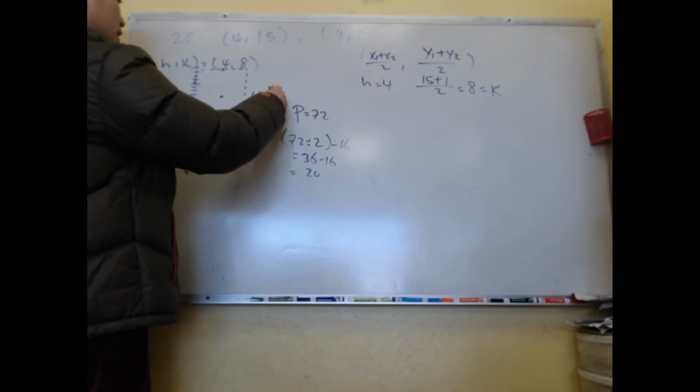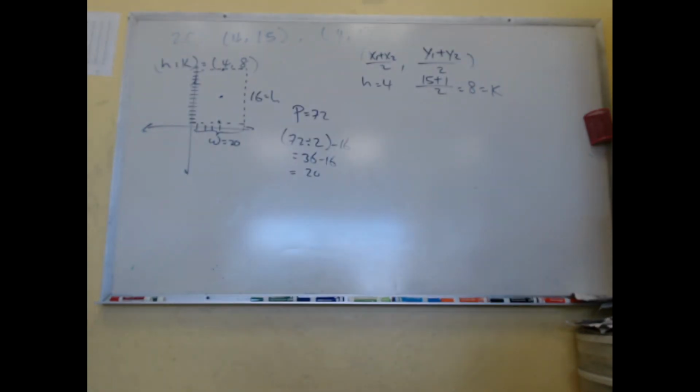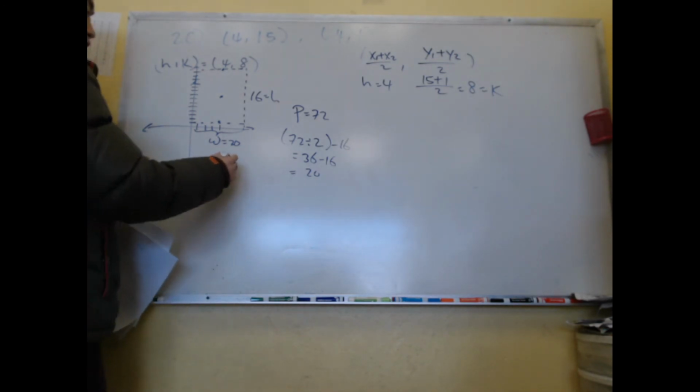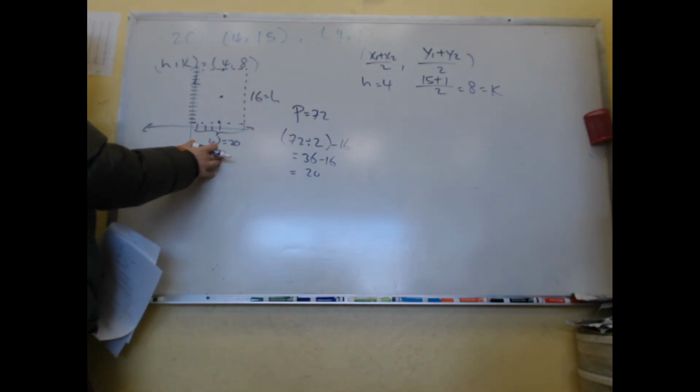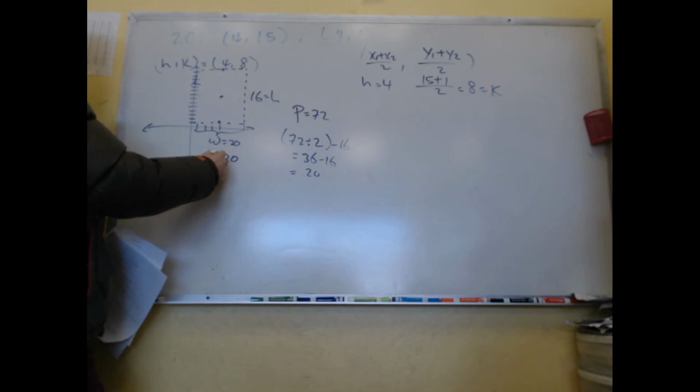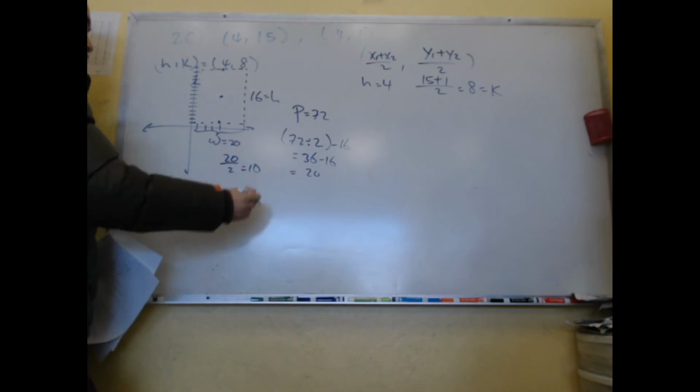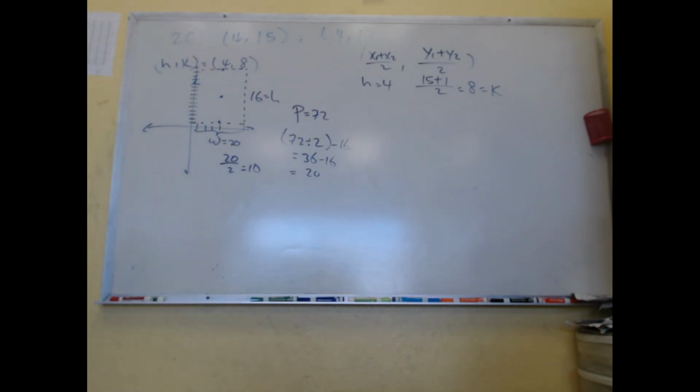So we got a height, we got a width. What's half of the height? 8. Okay, what about the width? 10. Wait, if it goes from (4, 1) to (4, 15), isn't the height 14, not 16?